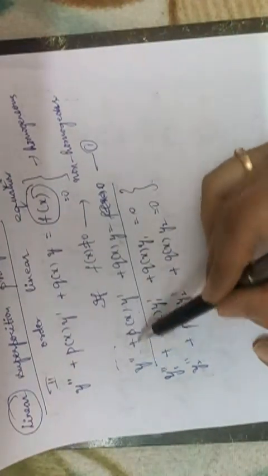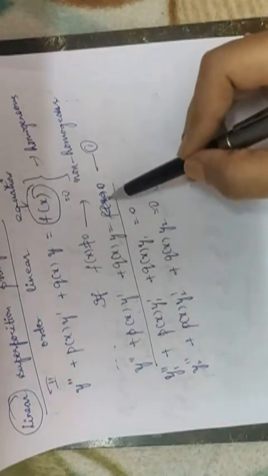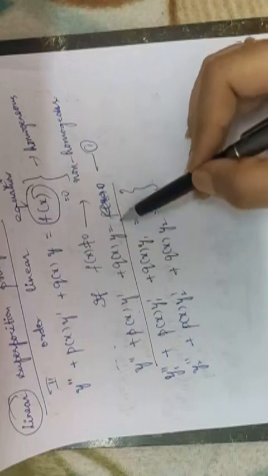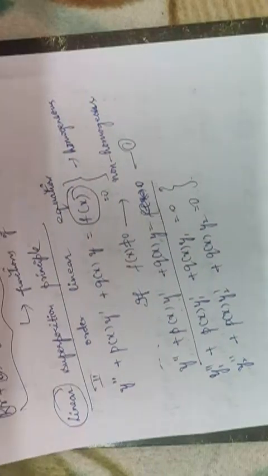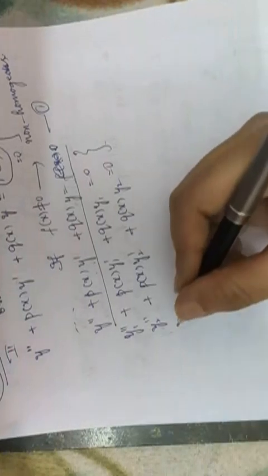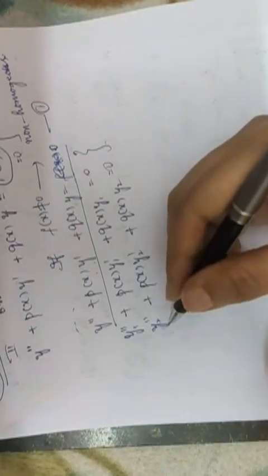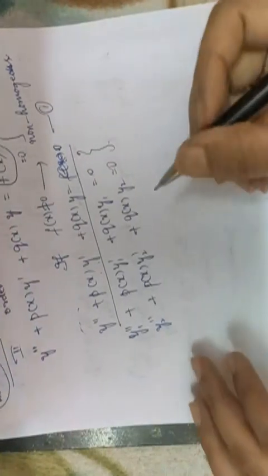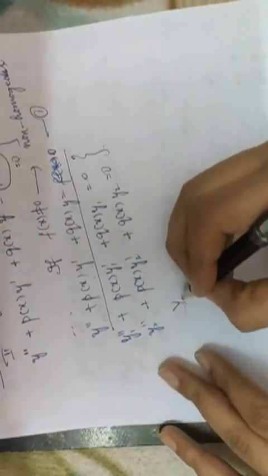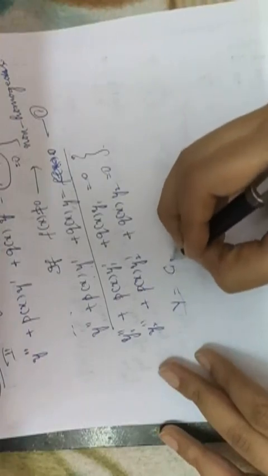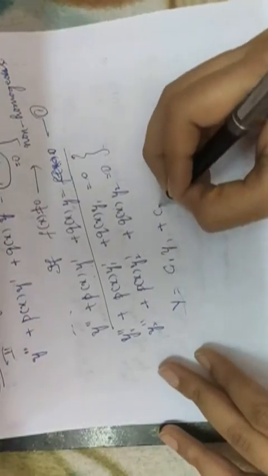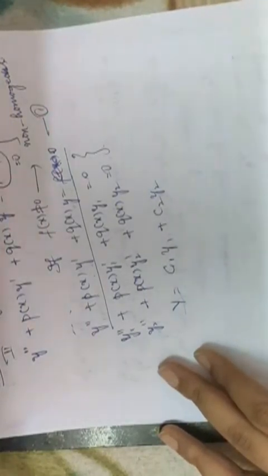Since this is a linear homogeneous differential equation, if you solve this equation using the auxiliary equation procedure, obviously you will get two solutions. It will depend on the roots, right? So I can write that solution in a general form as y = c1 y1 + c2 y2.